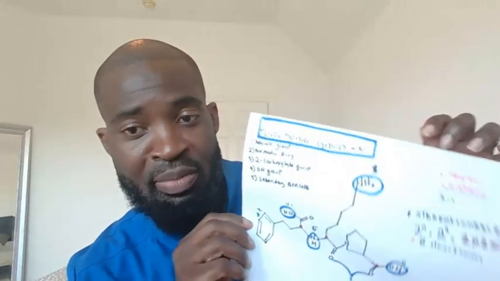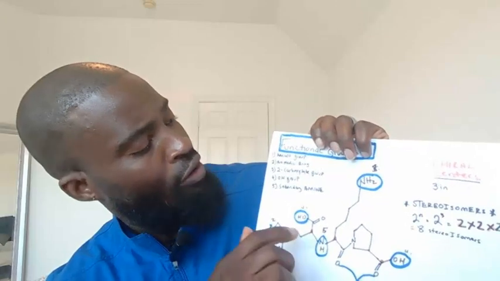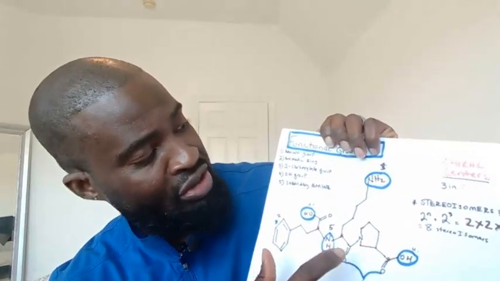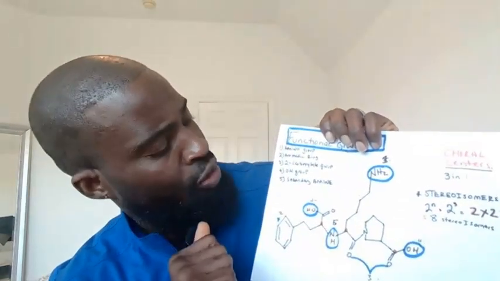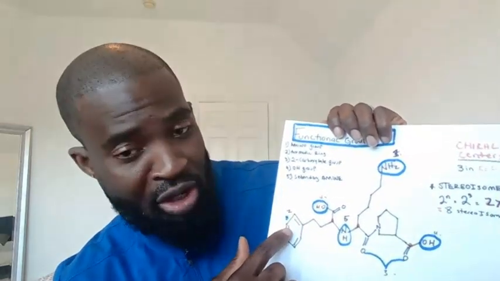Okay. So as I mentioned before, lisinopril's functional groups. In totality, there are five functional groups here, and I have circled them in blue. So we have the amino functional group, which is number one, NH2. We also have the aromatic ring, which is number two here.